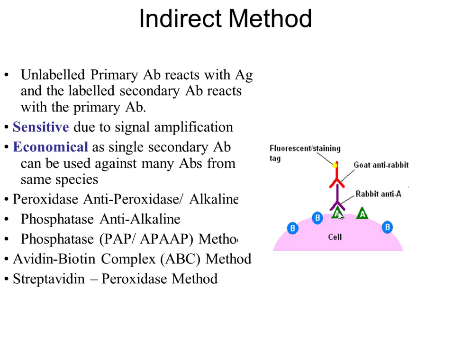The indirect method is sensitive due to signal amplification. It is economical, as a single secondary antibody can be used against many primary antibodies from the same species.